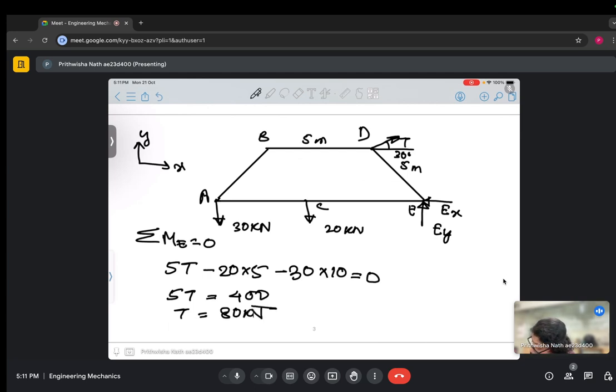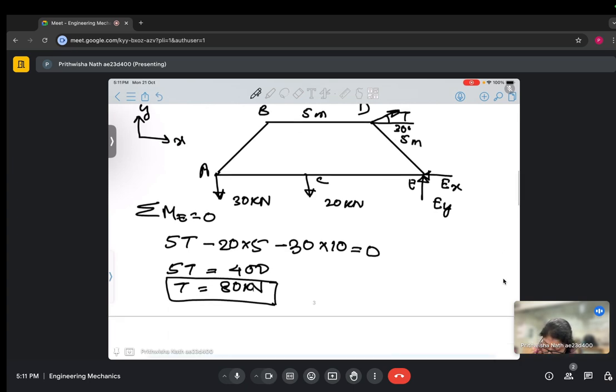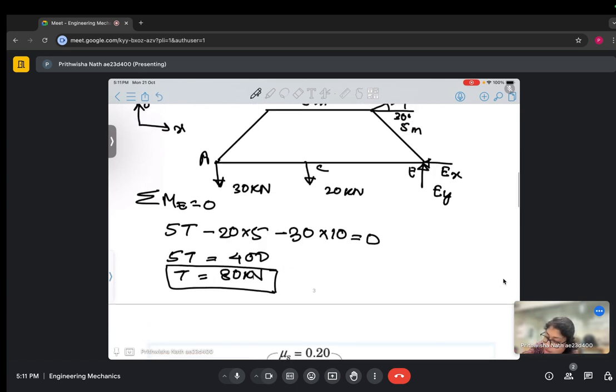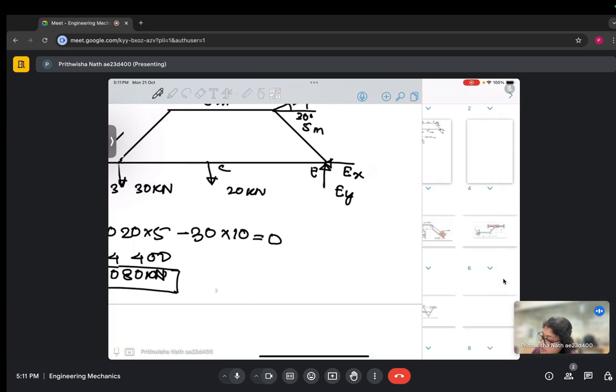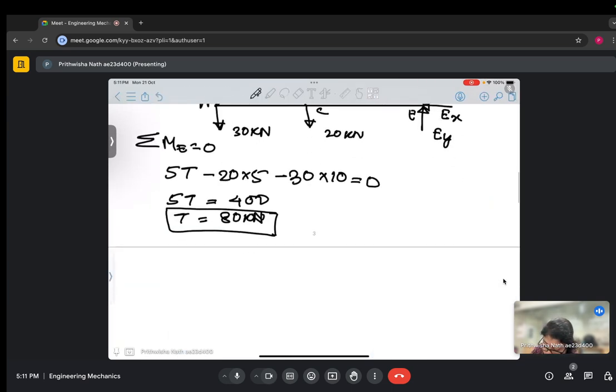Now we got T. Now we have to calculate the unknown reaction forces. So how can we get that? We have to use summation of Fx equals 0 and summation of Fy equals 0.